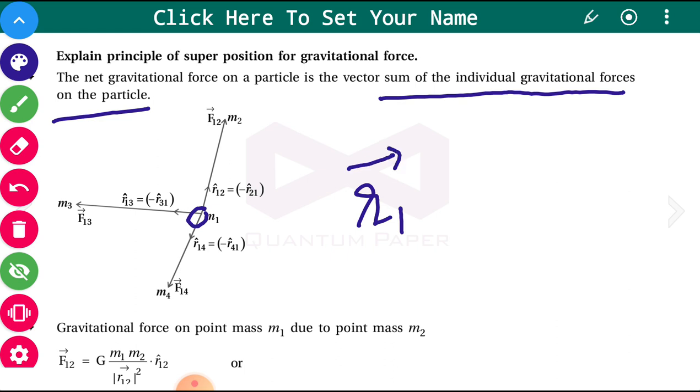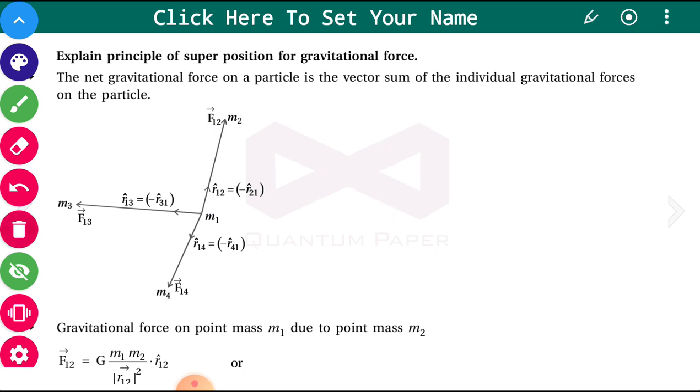Now we consider the force on the particle of mass m1 by the particle of mass m2, and we know the law of gravitation and the vector form of gravitational force.